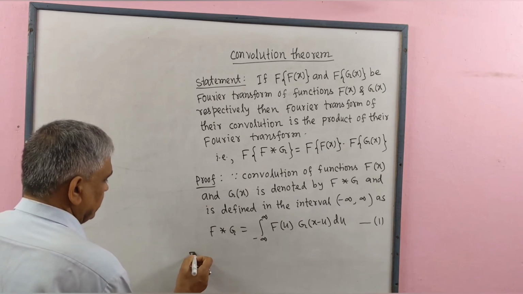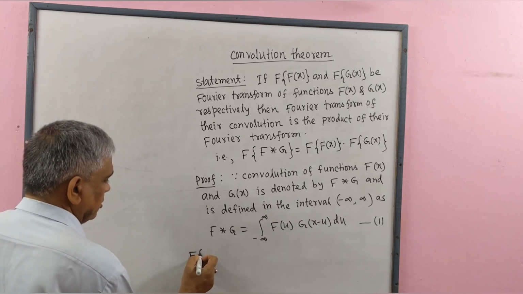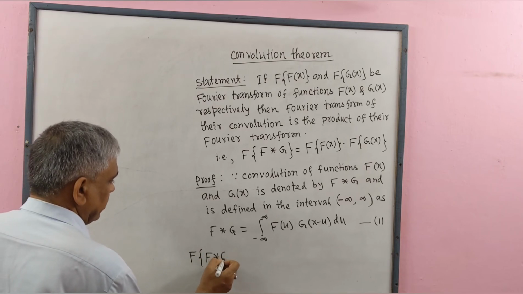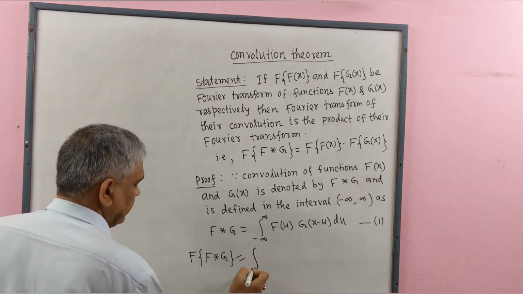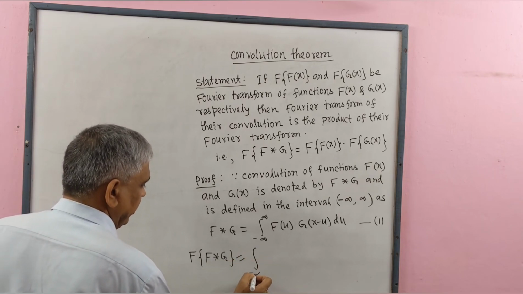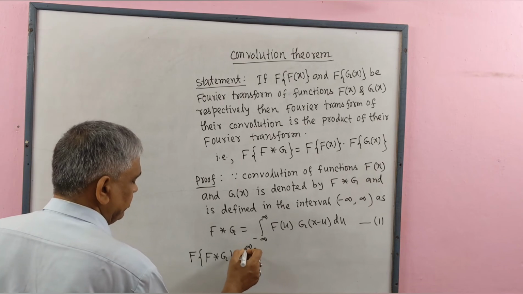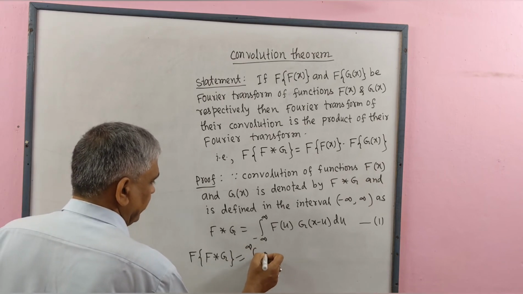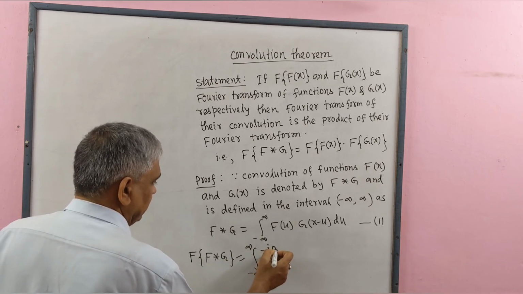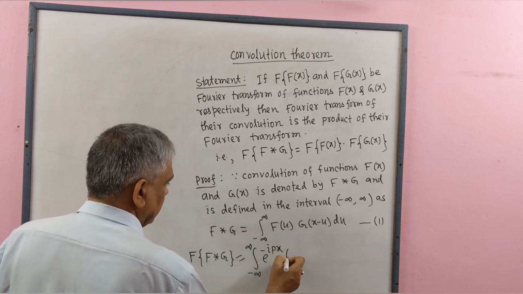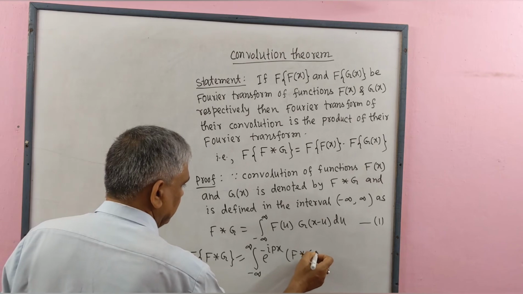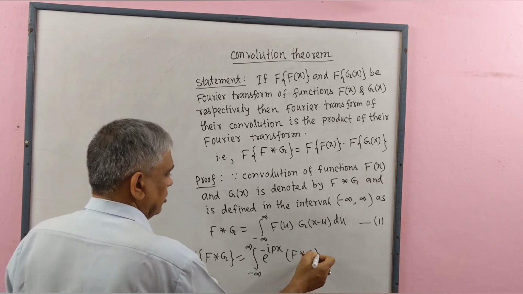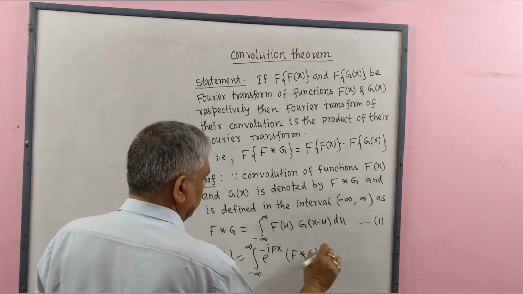The Fourier transformation of the convolution equals the integration from minus infinity to infinity of e to the power minus ipx times f star g dx.